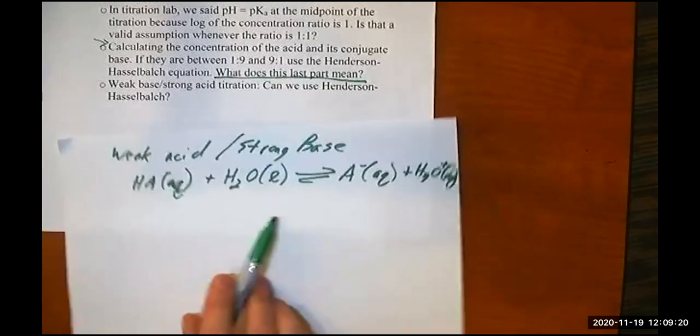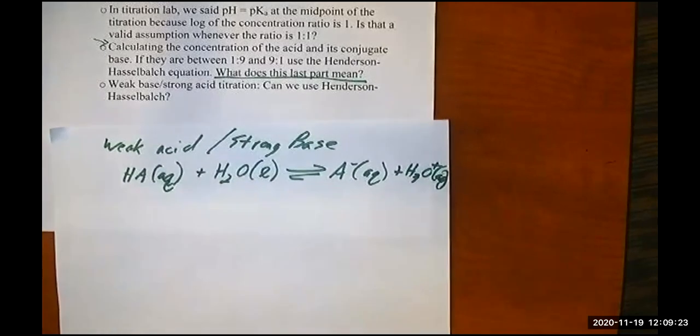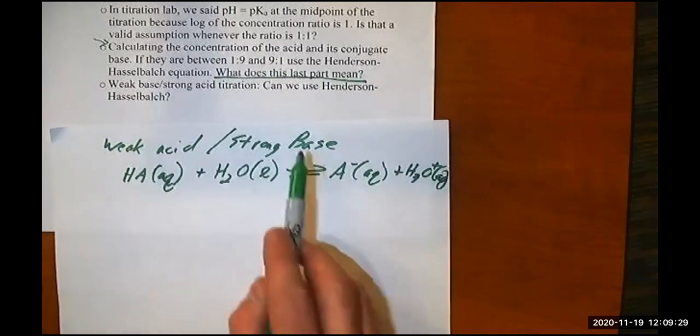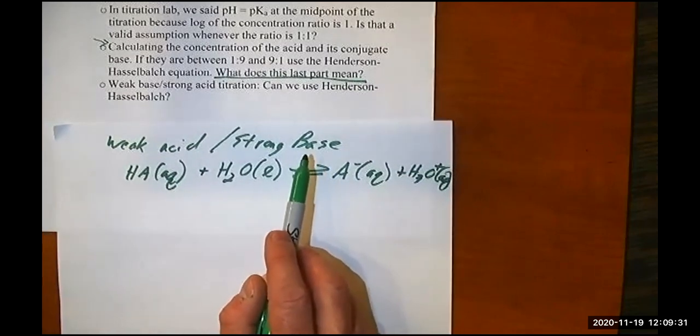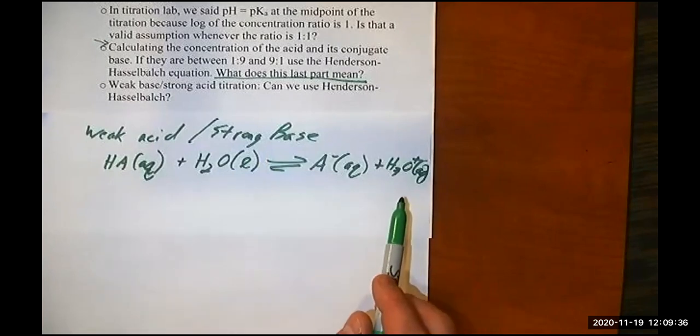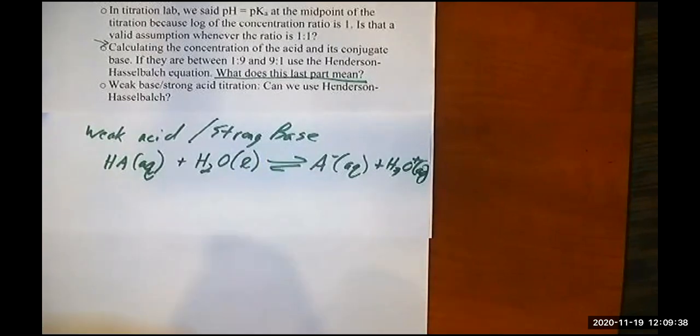But this reaction, that's the operative reaction in determining the equilibrium, has a problem for us because we are adding hydroxide to this system, OH minus, and there's no OH minus in this reaction. So we need to figure out what to do with that piece of information. What do we do with the strong base component?